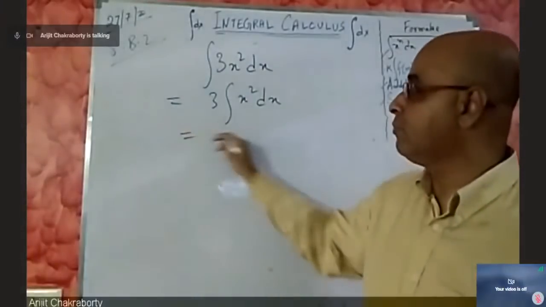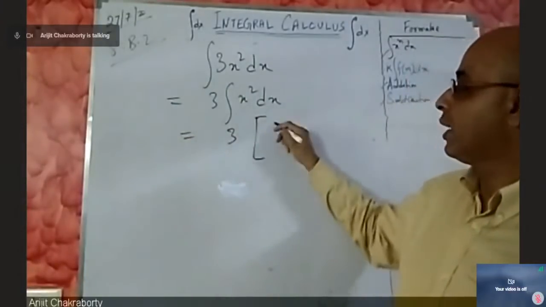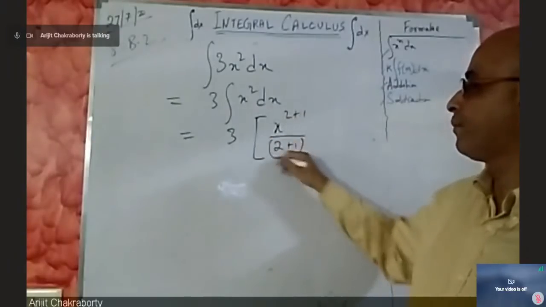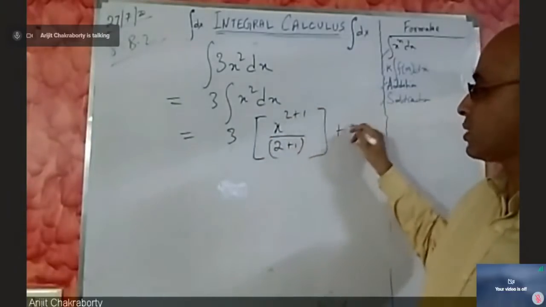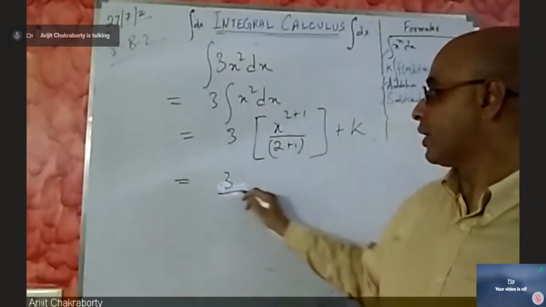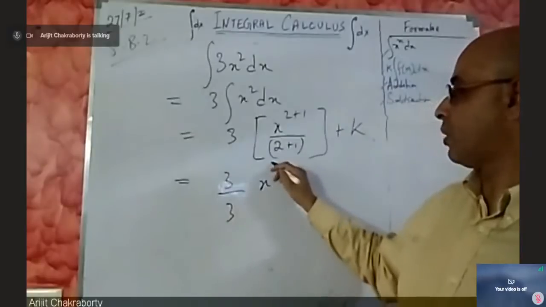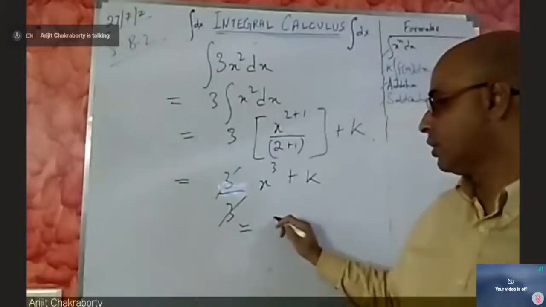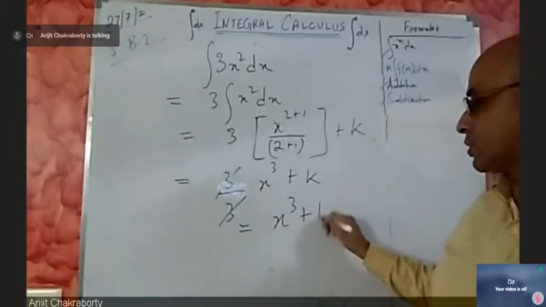So this will become 3 into x to the power 2 plus 1 by 2 plus 1 plus the constant k. So this is equal to 3 divided by 3 into x to the power 3 plus the constant k. 3 cancels out. So you have x cubed plus k.